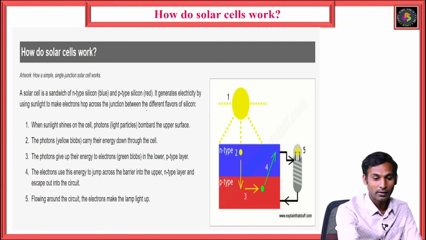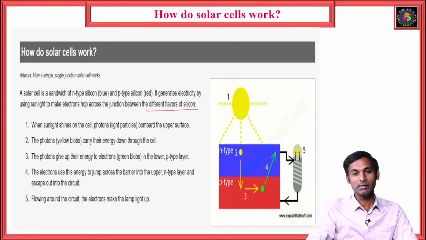See here, different flavors of silicon. That means if you use p-type silicon and n-type silicon, its efficiency will be good. If you change the p-type to silicon and the n-type to cadmium oxide, its efficiency will change slightly.